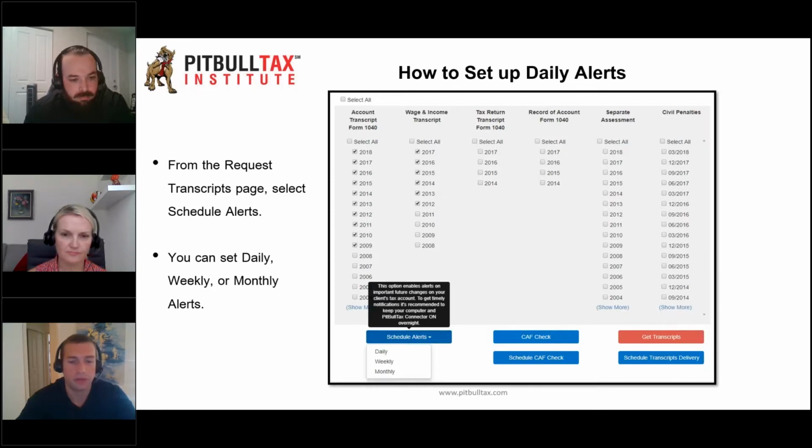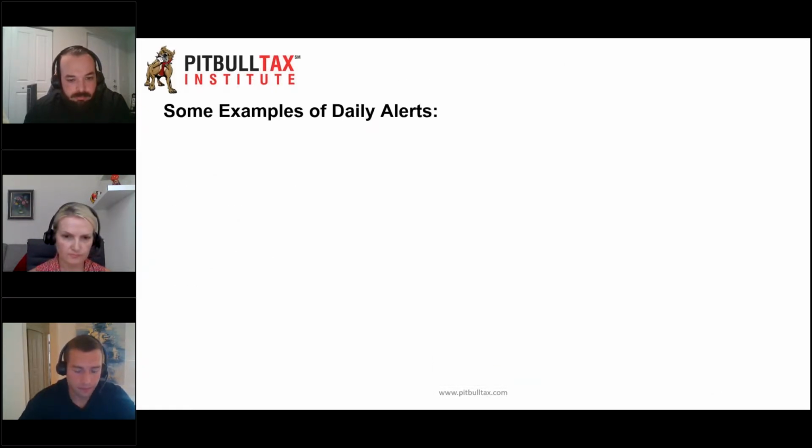There you'll have the option to select daily, weekly, or monthly. Once you select one of those, it's going to give you alerts when there are any changes in your client's transcripts. So if you set it to daily, it's going to check every day for any changes in your client's transcripts. And if there is a change, it's going to alert you up to 2 weeks before your client receives that notice in the mail.